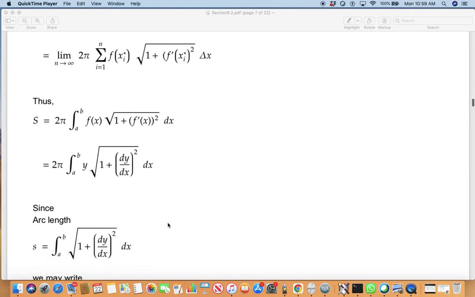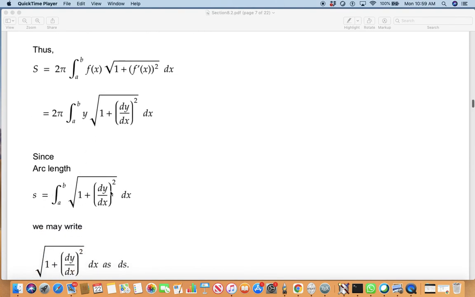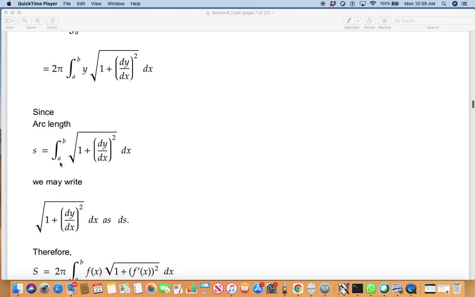You may also write this as 1 plus (dy/dx) squared, and f(x) is y. Since the arc length element is this quantity, we may also write it as ds.